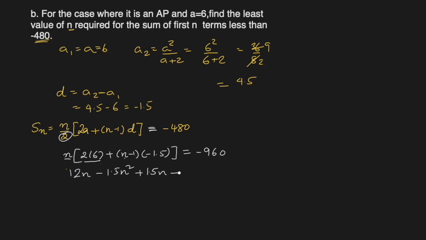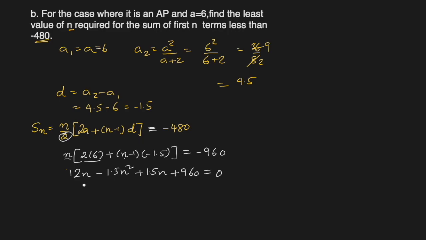And let's bring 960 to the left side to make it quadratic, equal to 0. Let me take a pause and ensure that it is correct. 12n, negative 1.5 n square, positive 1.5, just the number n.